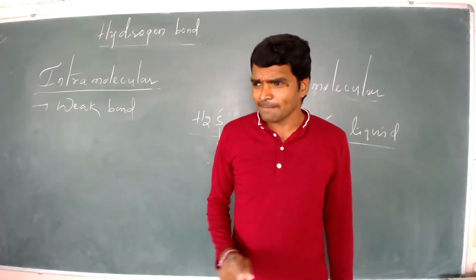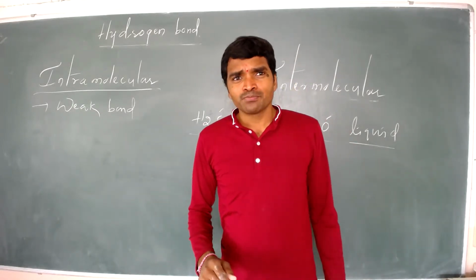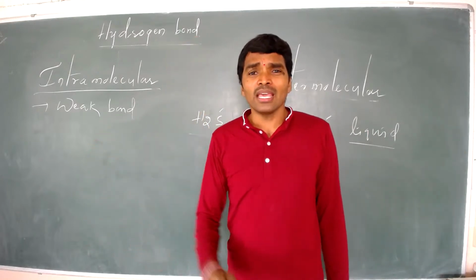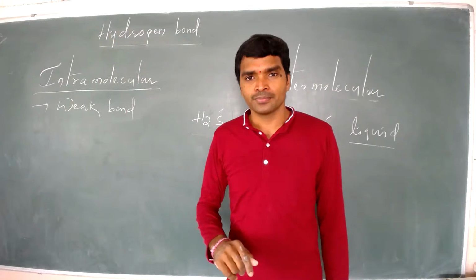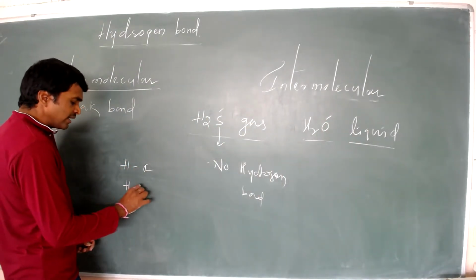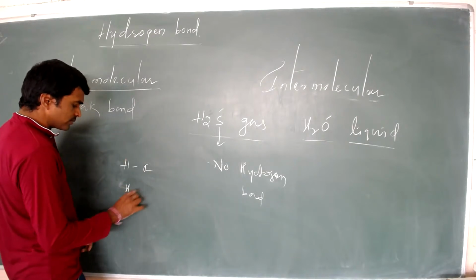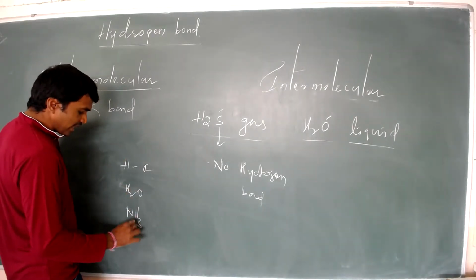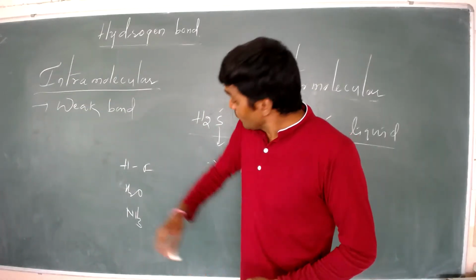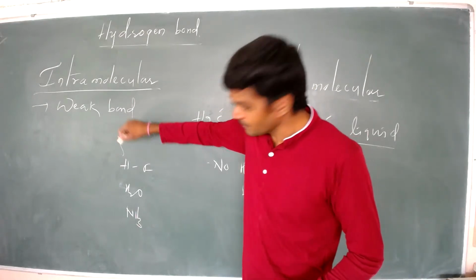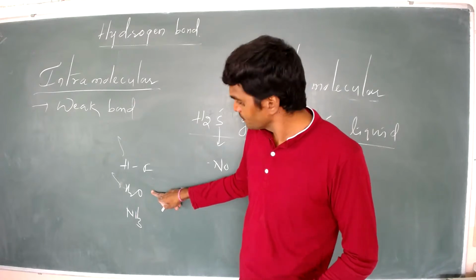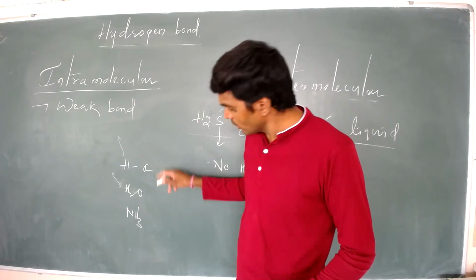One last doubt. Remember, the strength of the hydrogen bond depends upon the electronegativity of the element. For example, see one question: HF, H2O and NH3. In all of these there is formation of hydrogen bond: water, HF and ammonia.